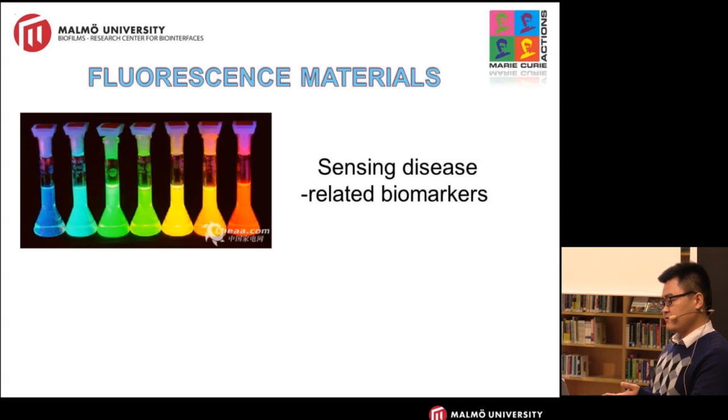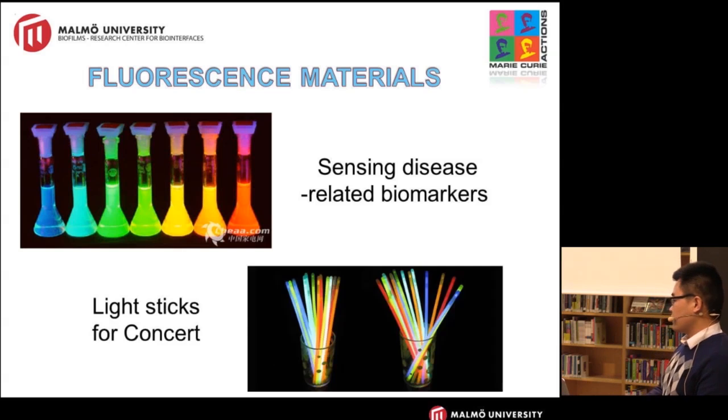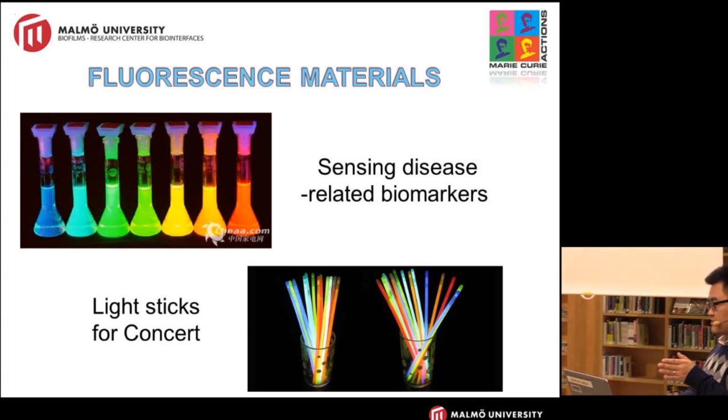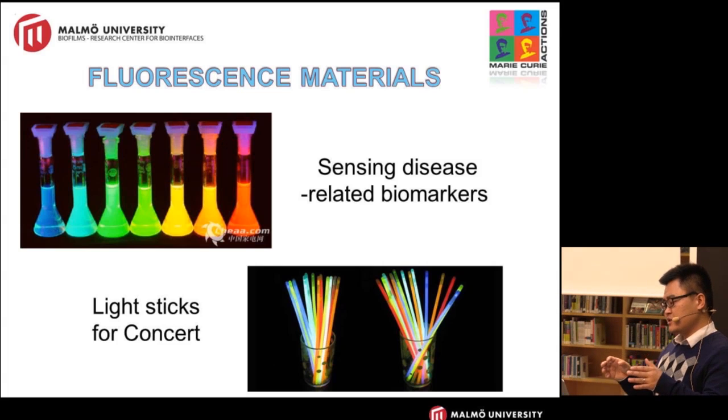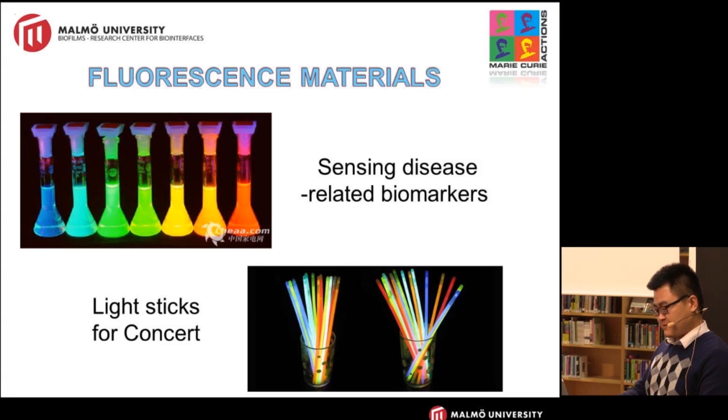But we can also find this kind of fluorescent material in our daily life. For example, this is a light stick for concerts or celebrations, but do not bite it when you go to a concert, because the material inside these sticks is in the majority of cases toxic. Be careful.